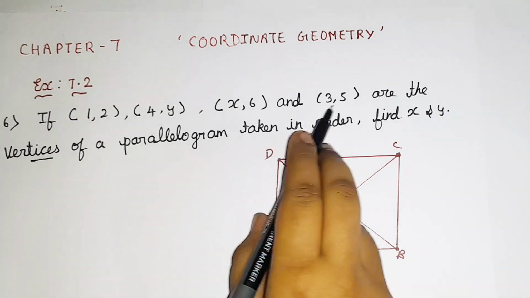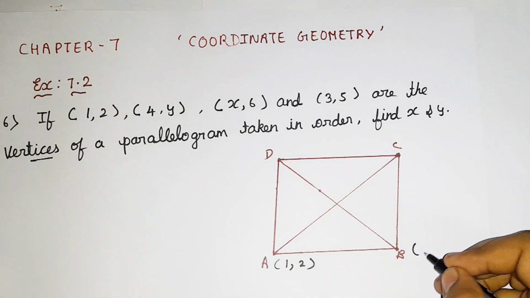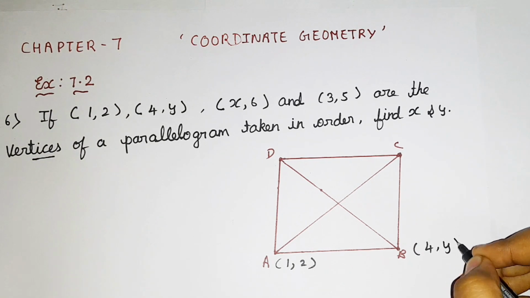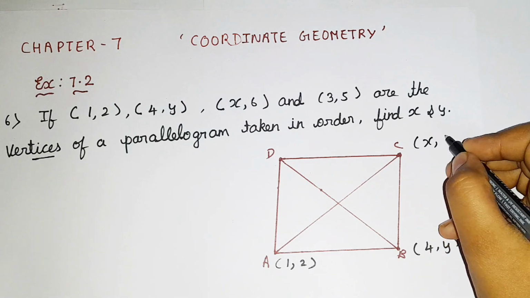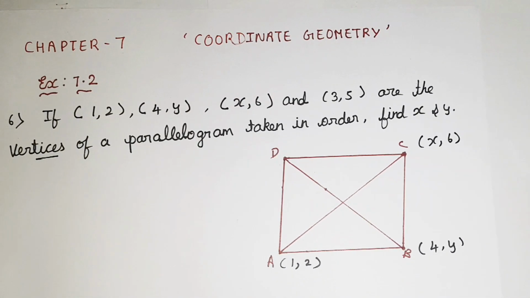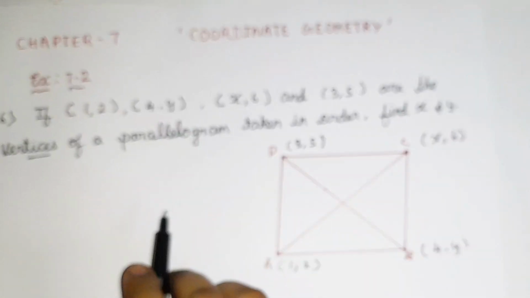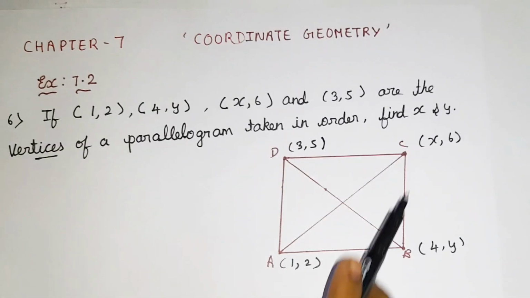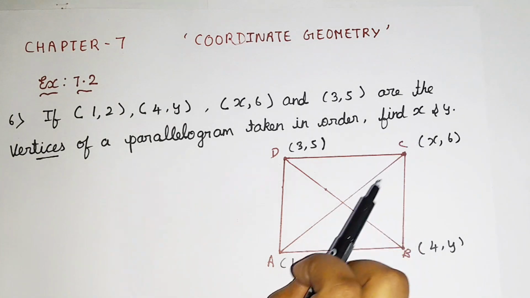Since they mentioned the values, we can write A as (1, 2), B as (4, y), C as (x, 6) and D as (3, 5). These are the vertices of the parallelogram, taken in order. We are supposed to find x and y.